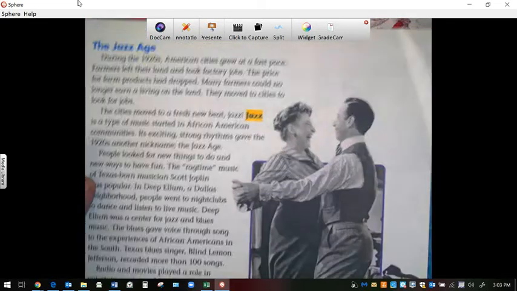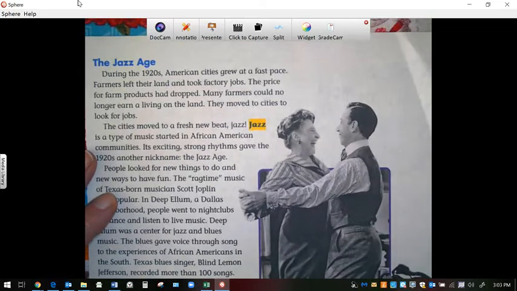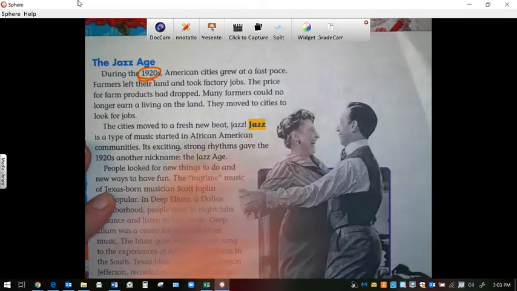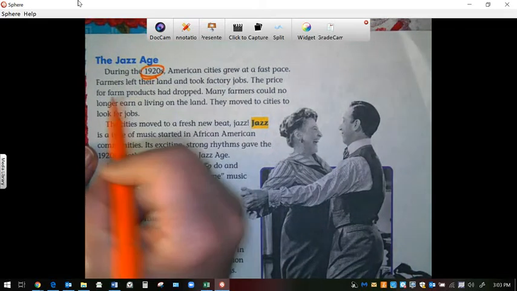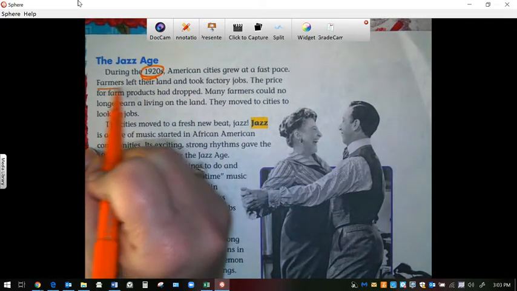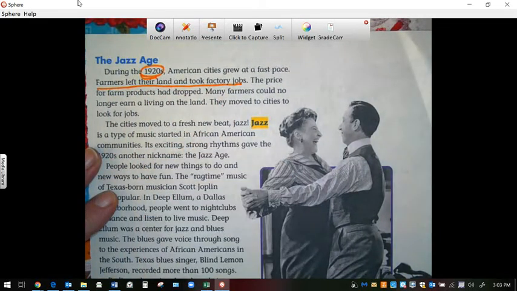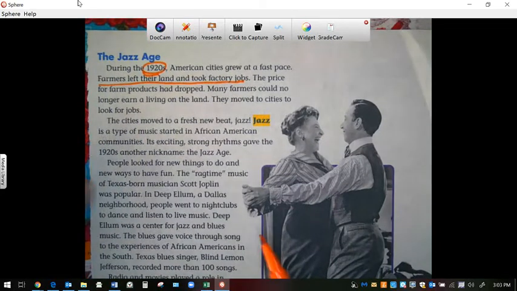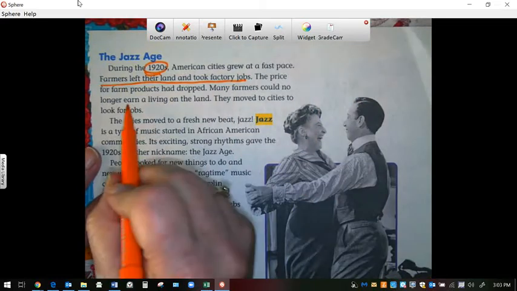All right. So they also had the Jazz Age in the 1920s. American cities grew at a fast pace. We already see that everything's going. Farmers left their land and took factory jobs. So they were leaving the country and moving into the city to get a job at the factory. The price for farm products had dropped.